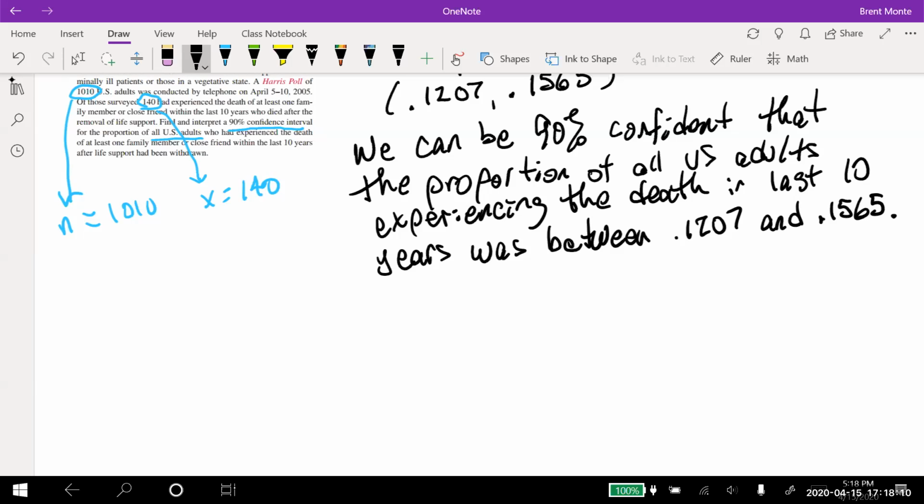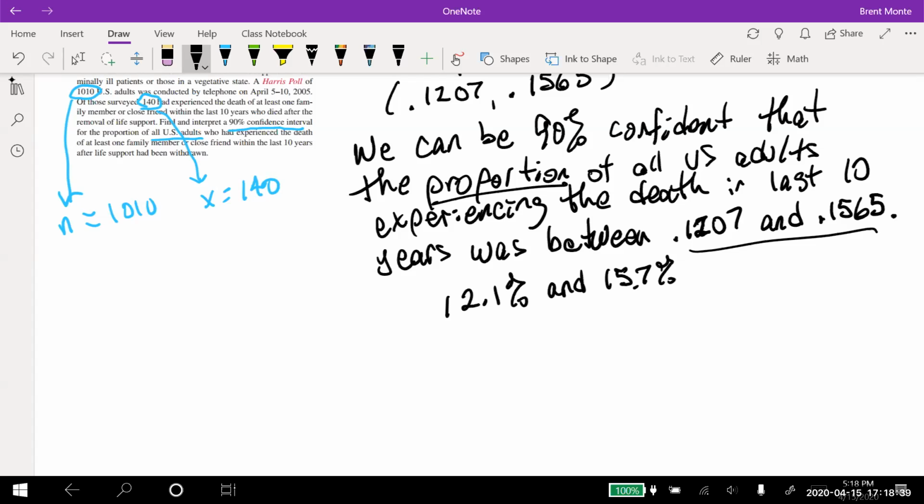I personally like those better as percentages, so I would have liked to have said between 12.07, I'd probably go to 1 decimal place. I would have probably said between 12.1% and 15.7%. I would have probably said something like that. But since they said proportion, we leave it as proportions. If I just change that to percentage, then again, I would change it to percentage.